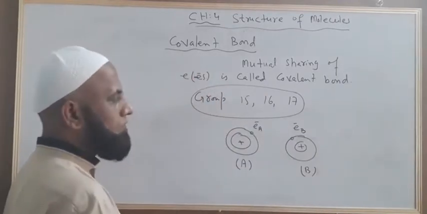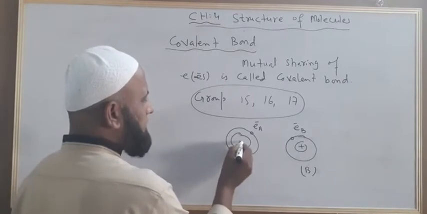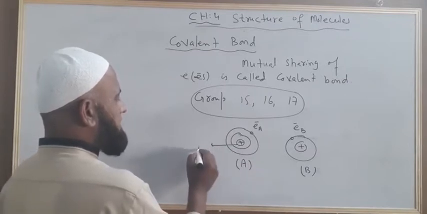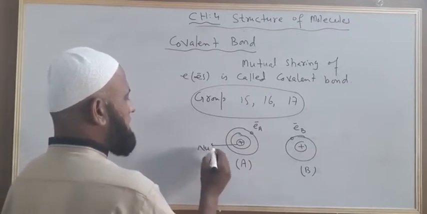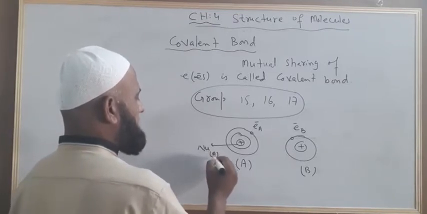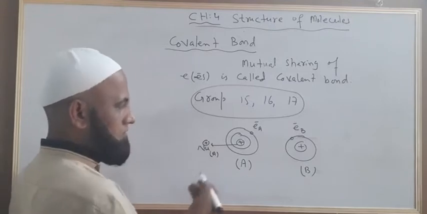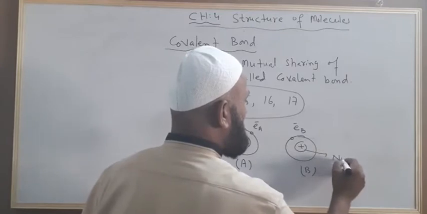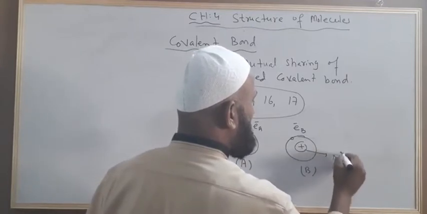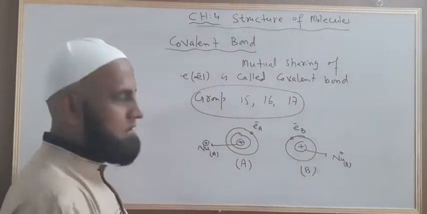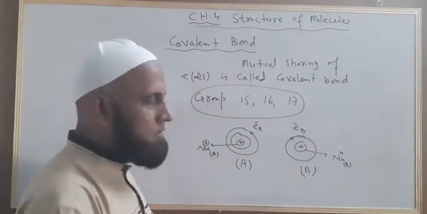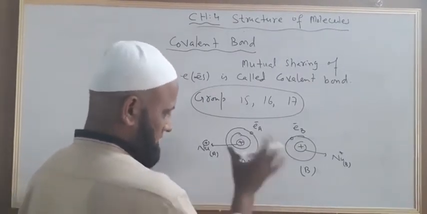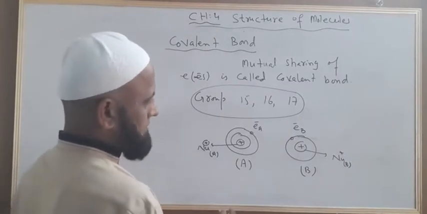The nucleus of atom A can be represented as NuA, as there is positive charge on the nucleus, or because there is proton. The nucleus of atom B can be taken as NuB.